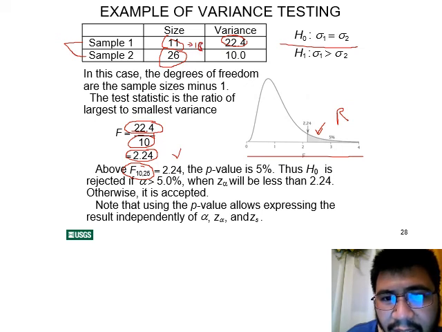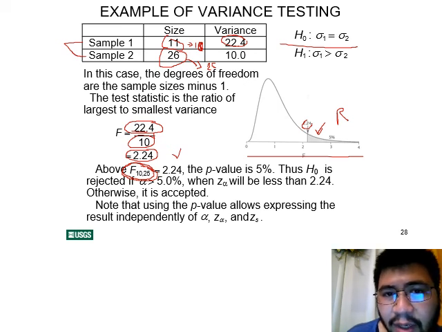Sorry for the handwriting. And the degrees of freedom for sample 2 is 25. Okay? And we indicate that as a subscript of your F. Okay? So we construct this F distribution curve, and then we just plot your F statistic, which is 2.24.